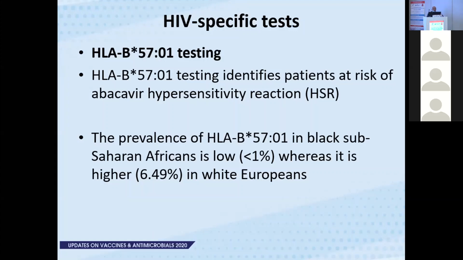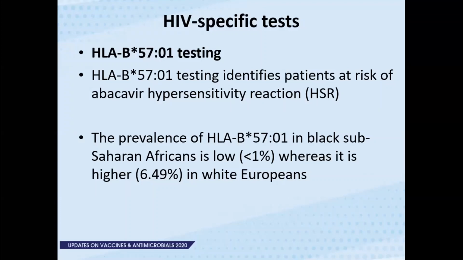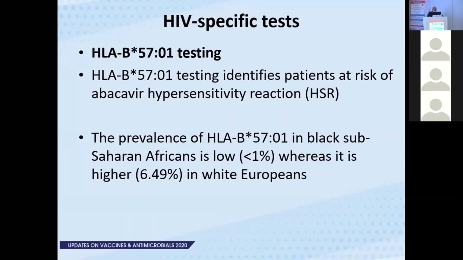Abacavir is known to have a hypersensitivity reaction, just like other drugs, for example Septrin, and some other ART also cause hypersensitivity reactions, but it was found that some patients who showed hypersensitivity reaction to abacavir were HLA-B*5701 positive, and therefore it is necessary to screen for this HLA type before you start abacavir to avoid hypersensitivity reaction. Prevalence of this HLA type is variable.